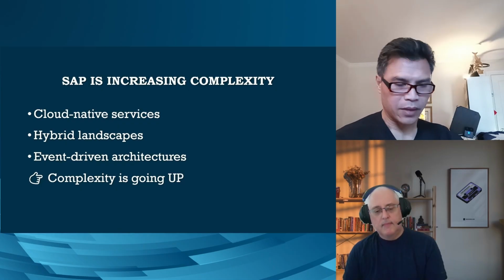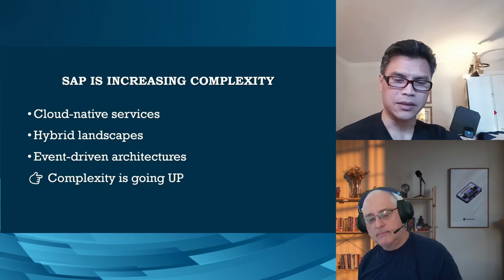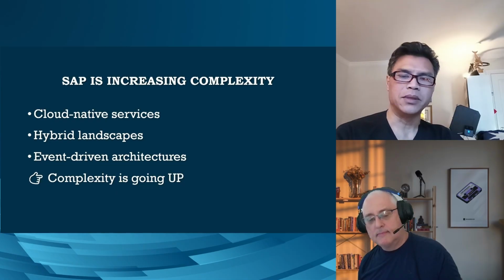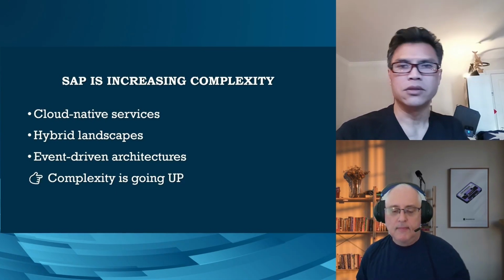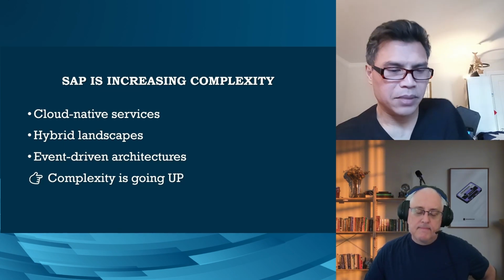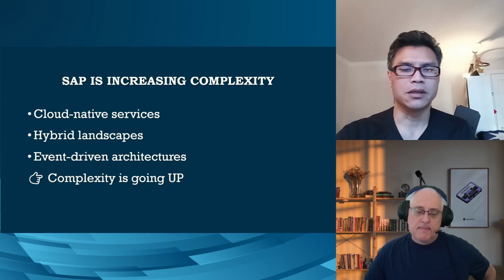And maybe the human involved can just trigger that process as the next workflow to remedy the situation. SAP complexity requires a lot of things to manage it effectively, and complexity is going up, so you've got to up your game on the control tower side.